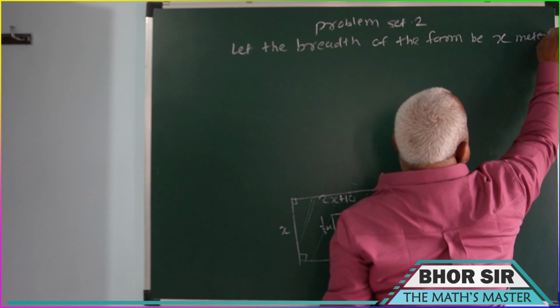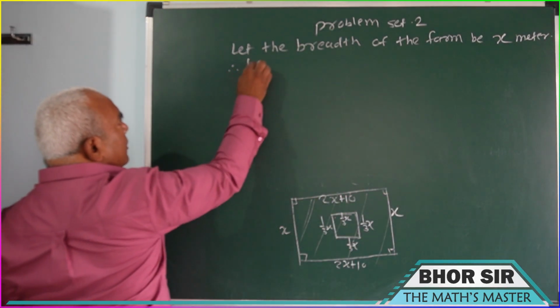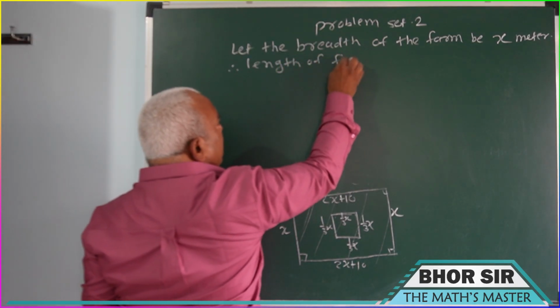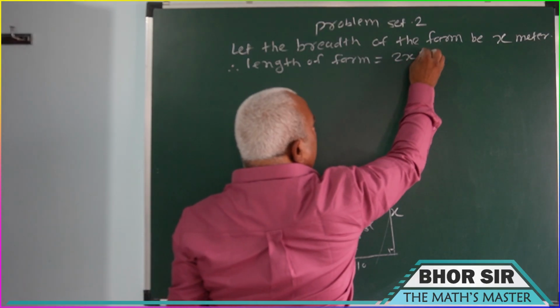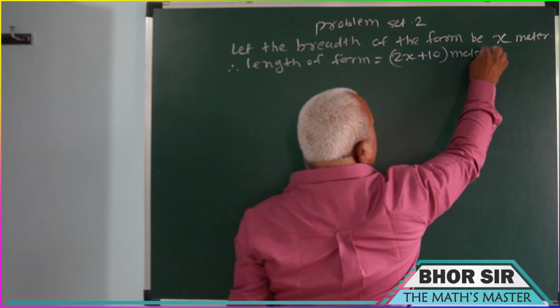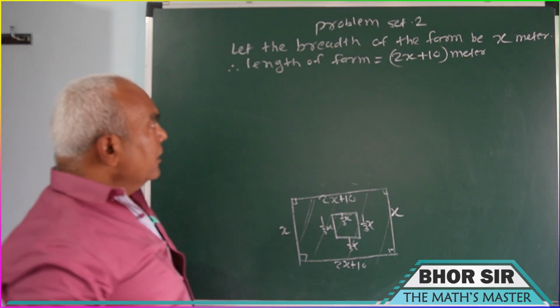Therefore, length of the farm is equal to 2x plus 10 meter, because they say 10 meter more than twice the breadth.